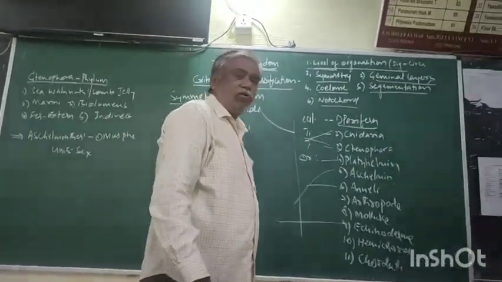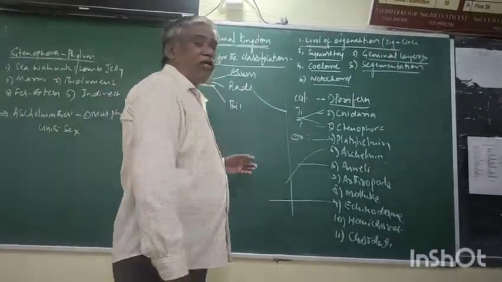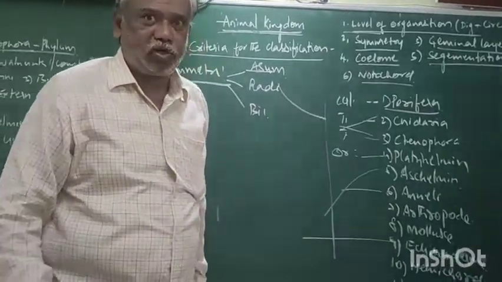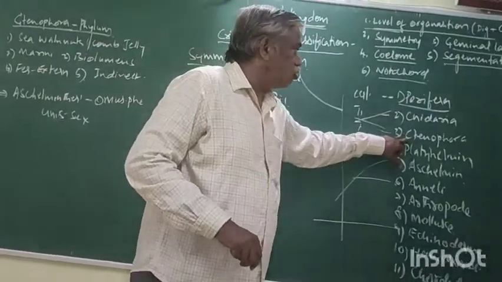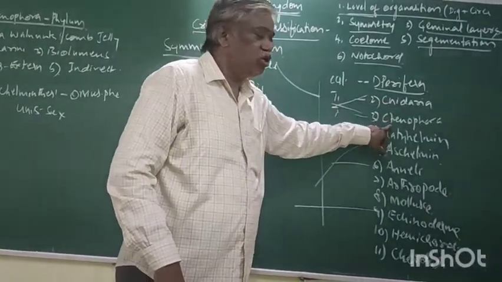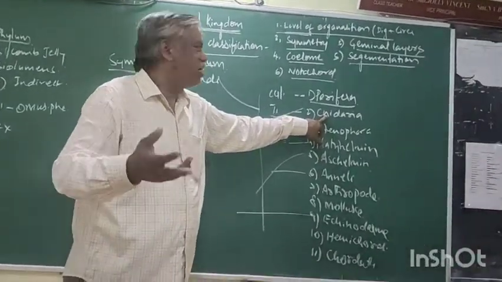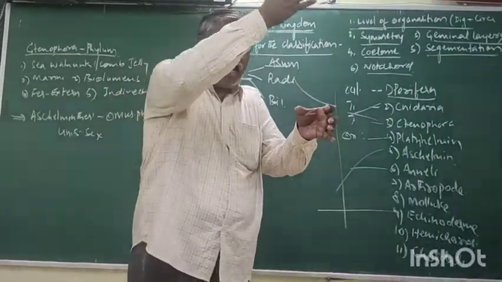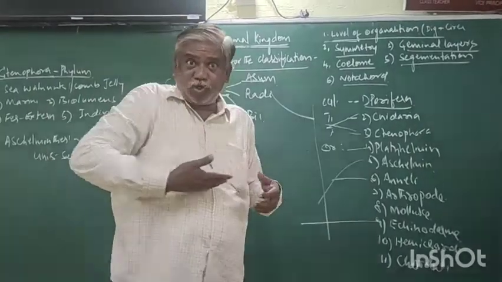From the examination point of view, they cannot directly ask the definition of radial or bilateral symmetry. Just listen to how they ask the question. Take the two phyla, Cnidaria and Ctenophora. The well-known example, Hydra, is the best example. You take the longitudinal section, but not the transverse section.